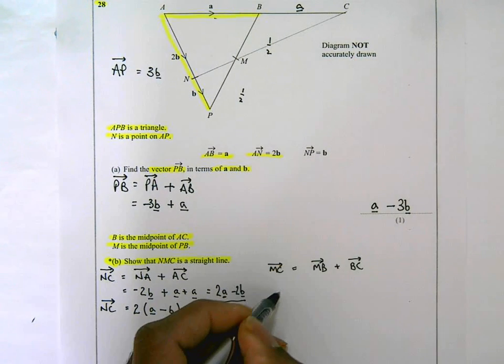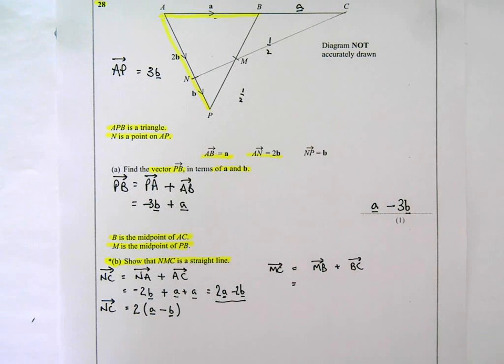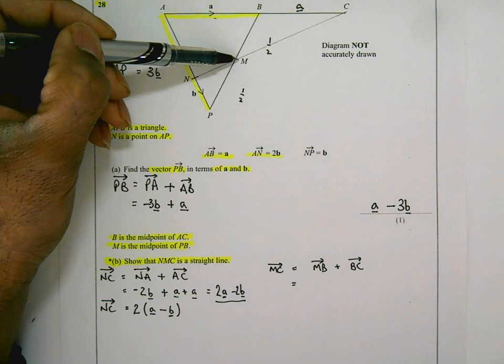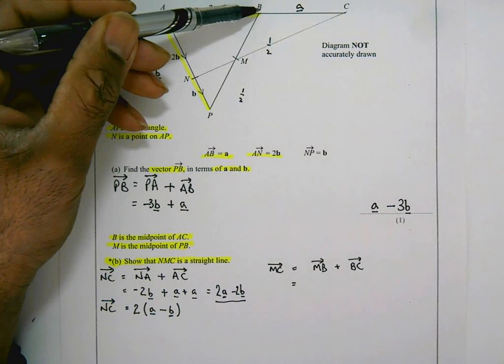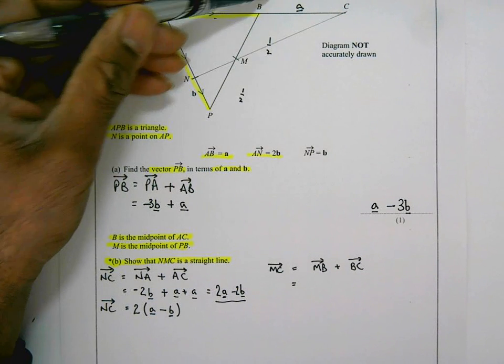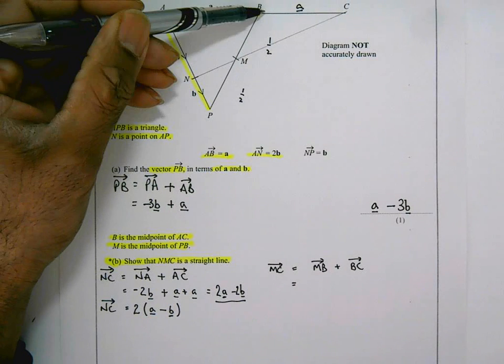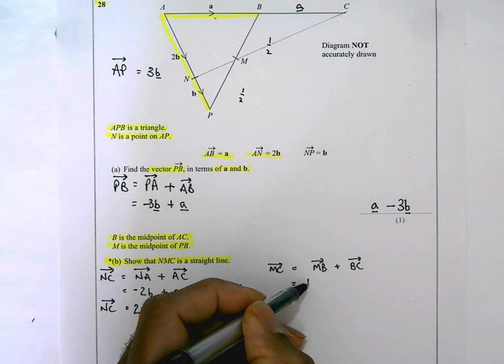Now what do I know about that so far? Well, M is the midpoint of P to B, right? And because I'm going in the same direction, MB is going to be half of PB.